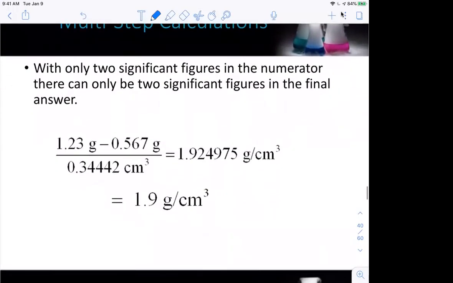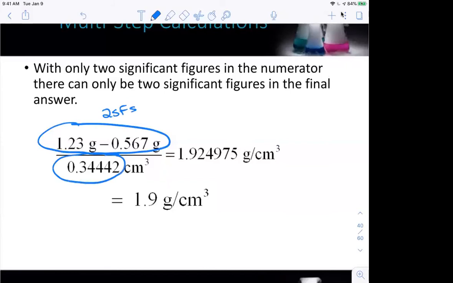So remember, this whole piece is giving me 2 sig figs. This is giving me 1, 2, 3, 4, 5 sig figs. So I need to round to 2. This is less than 5. So my answer is 1.9 grams per centimeter cubed. When I have mixed orders of operations, when I have addition and subtraction, and I have multiplication and division, you always do the addition and subtraction first, and don't be fooled.